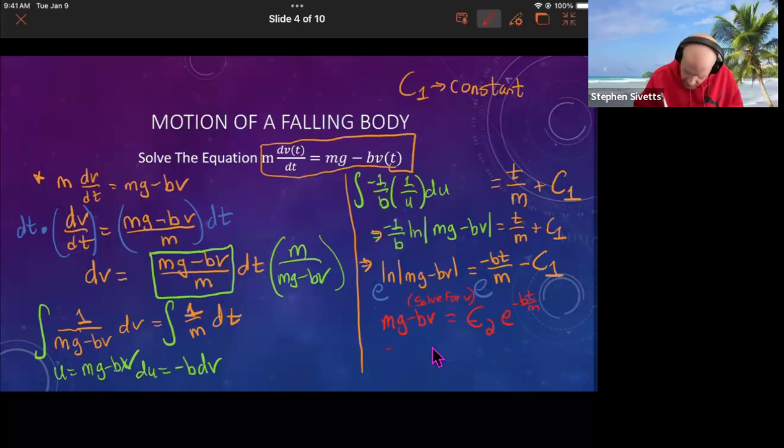Okay. So we'll have minus bv equals minus mg plus c2 e to the minus bt over m.